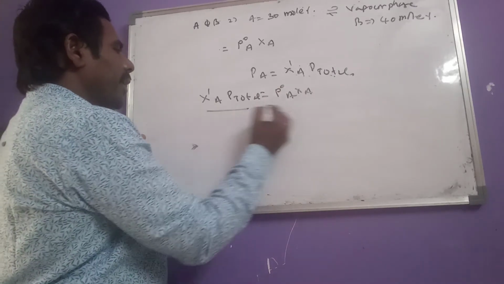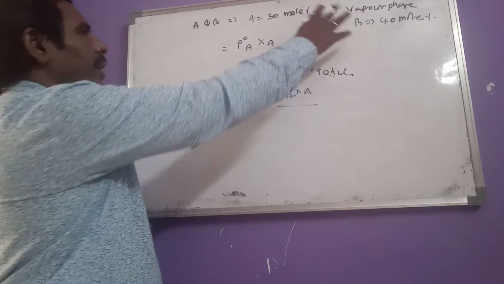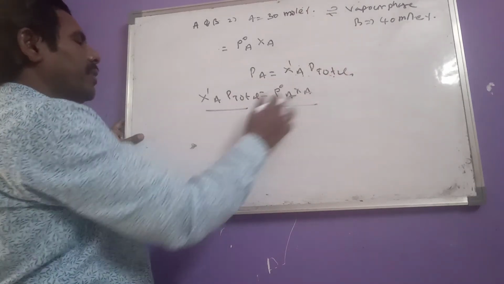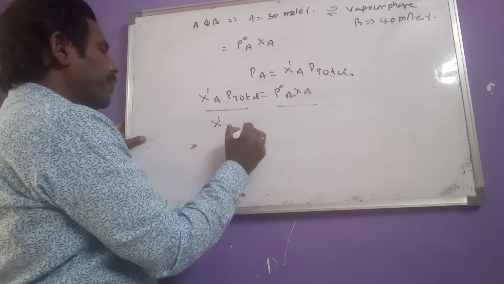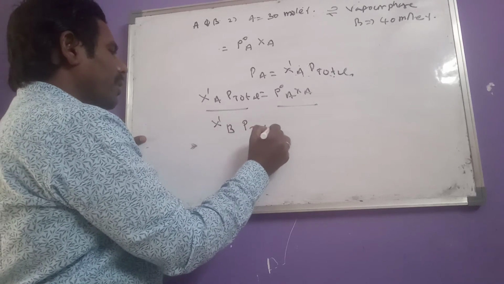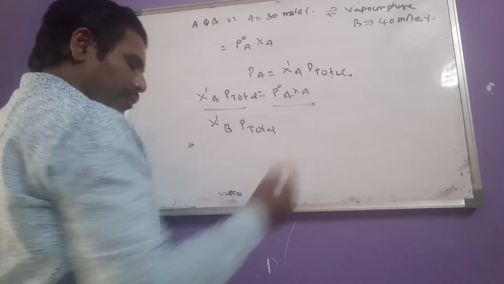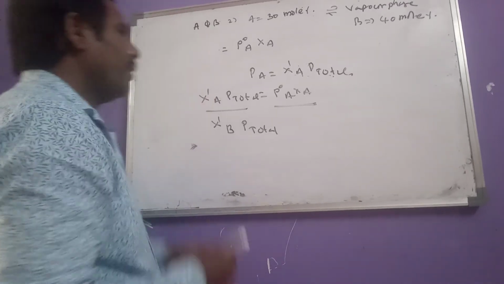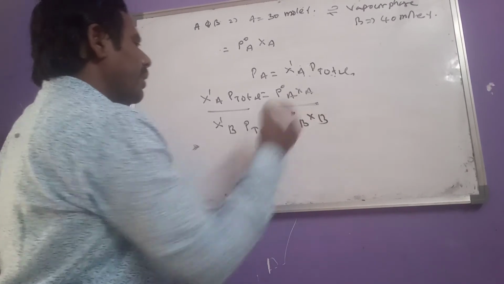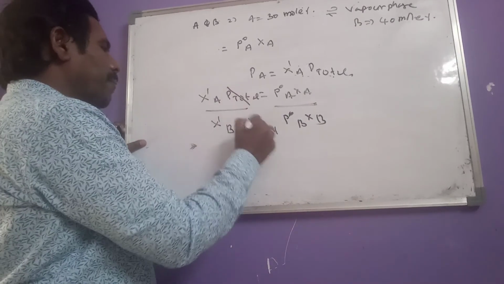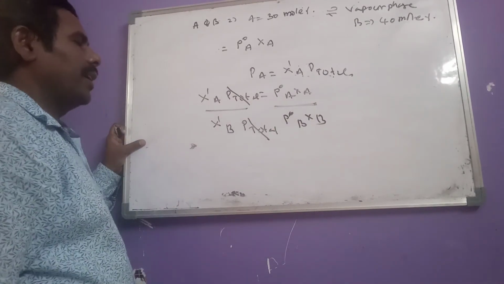Now similarly for B also we can write the expression, that means X dash B P total equals P naught B XB. Now P total gets cancelled.